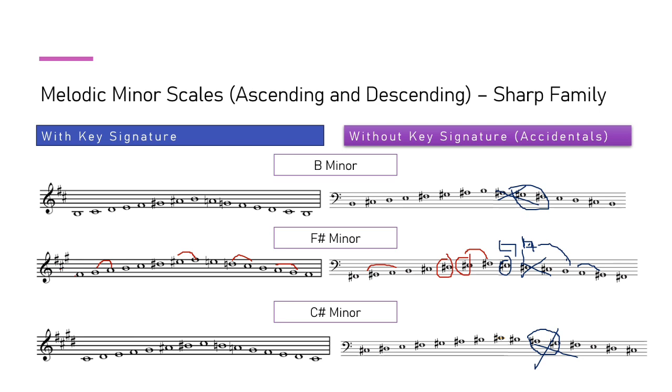So the difference between harmonic and melodic is clear. Get your relative major, draw your minor scale from the relative major, and maintain the same key signature or accidentals, maintain everything. If you are doing harmonic, just add the 7th. If you are doing melodic, add the 6th and 7th.